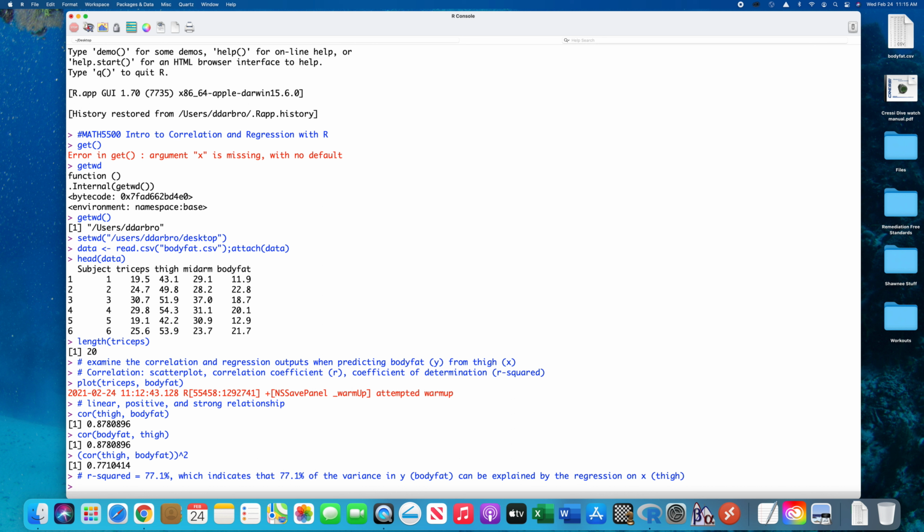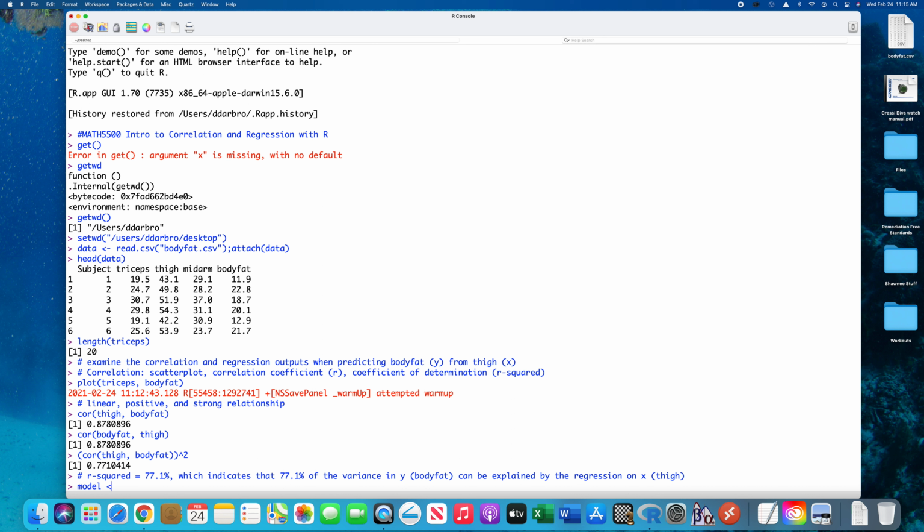All right, next, I've kind of checked all the boxes for the correlation component: examine a scatter plot, calculate and interpret the correlation coefficient, calculate and interpret the coefficient of determination. We will now move into the linear regression component.